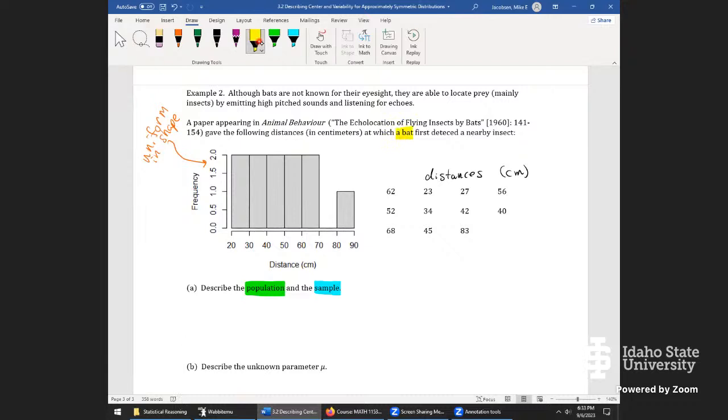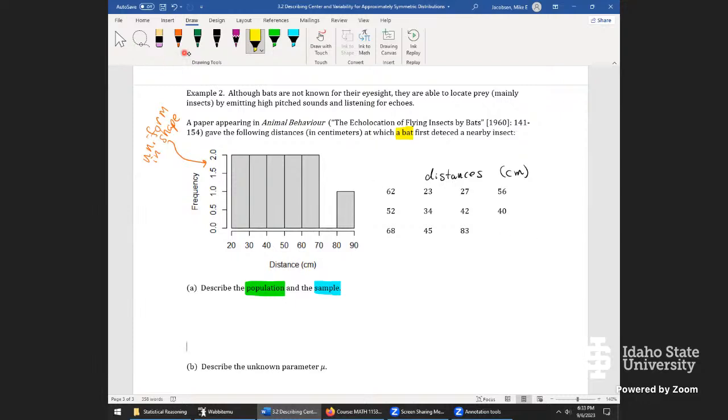They said a bat. That means there's just one lucky bat who's gorging on insects, and they're using that bat in an experiment over and over again. And that one bat generated these 11 distances altogether. So we need to keep that in mind when we go to say the population. Does that make sense so far?